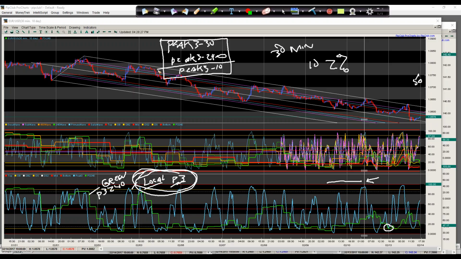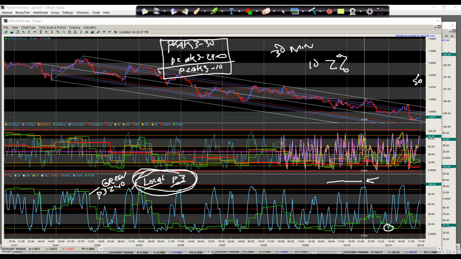Power 10, and I've got a, well, it didn't put it up. Let me see. I don't think I have it now. Last week I was tracking Power 10 versus Peak3. They're going to be similar. Okay.